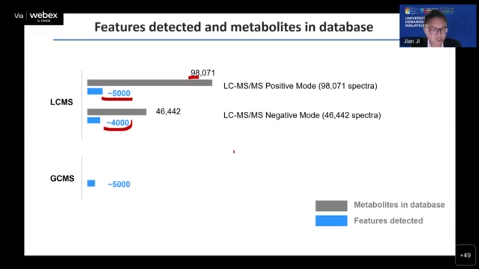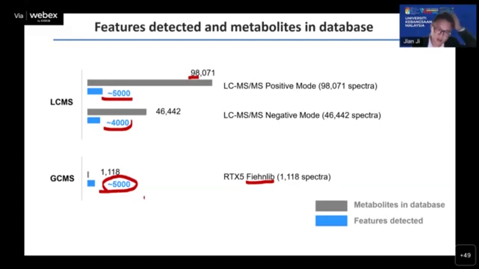But in GC-MS, it's totally the opposite. In GC-MS, we normally detect less than 5,000 features. But the library is pretty small. Like the most important, famous FiehnLib library contains only 1,180 spectra, but we can detect around 5,000 features.